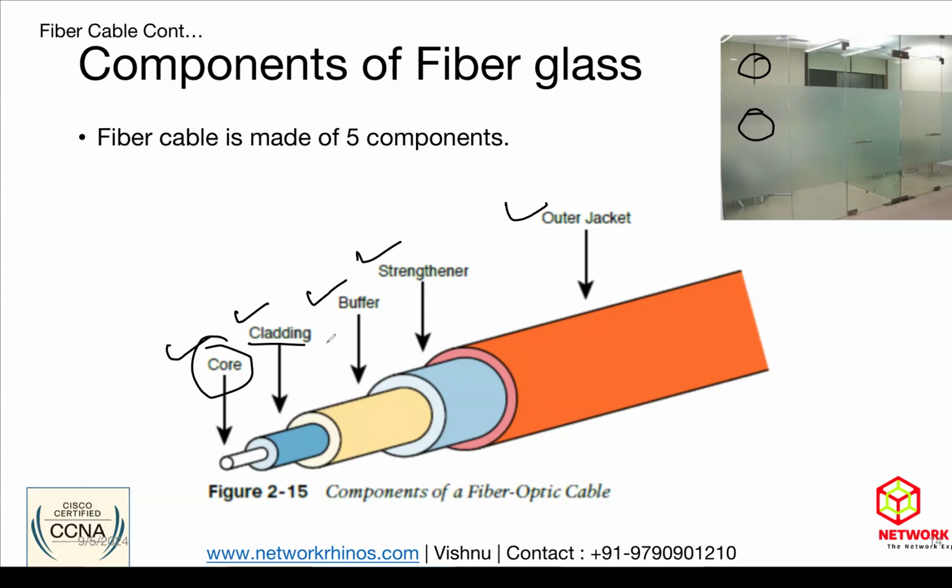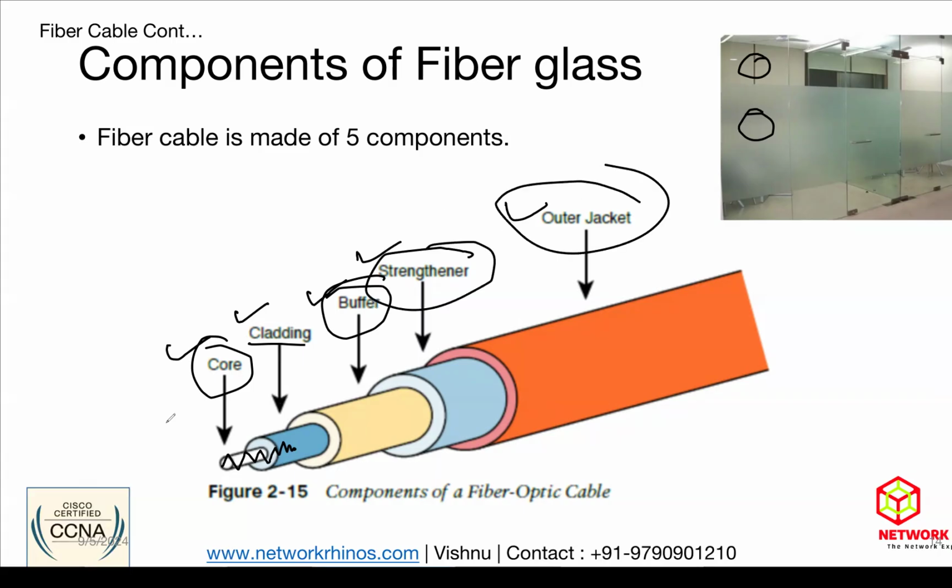Cladding is used so that the light coming in will keep on reflecting within that area itself. It should not go beyond cladding. Then we got buffer, then strengthener, and then outer layer. Others are used only for protection. Nothing big deal about it.